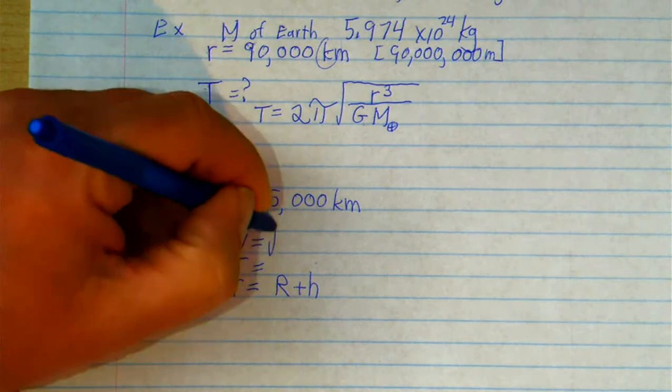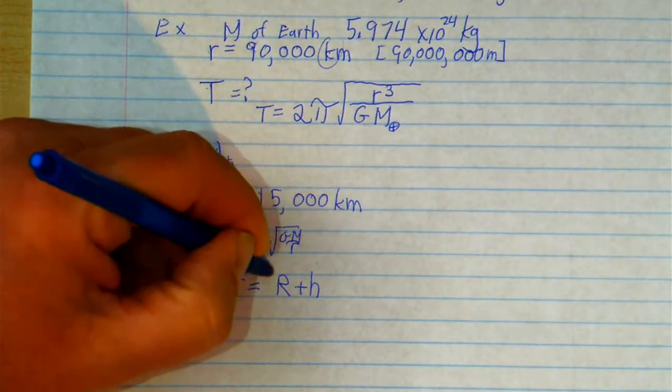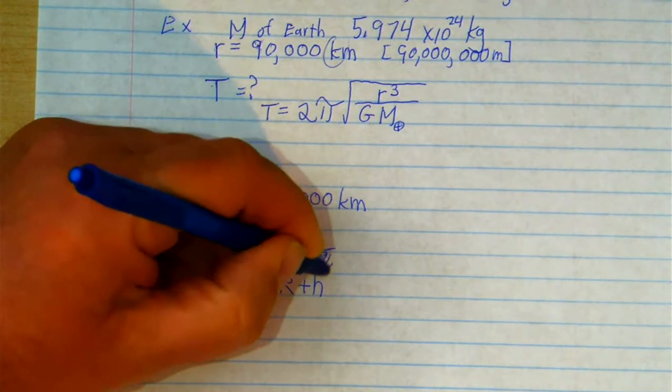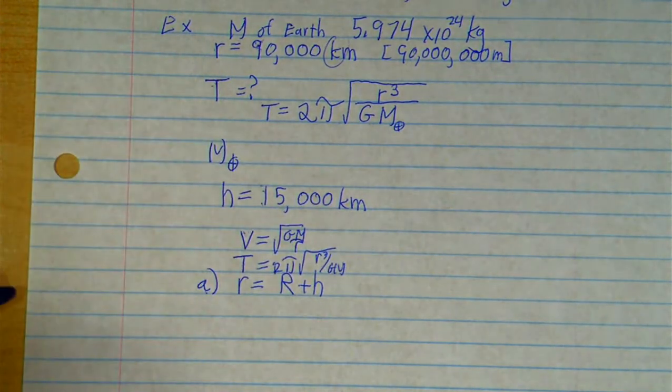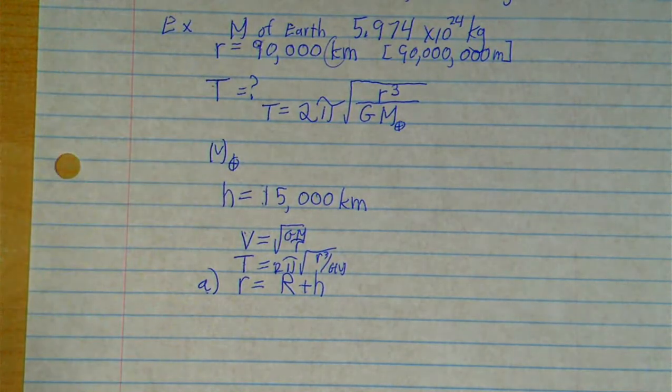Velocity is the square root of GM over r, and the period is 2 pi times the square root of r cubed over GM. Now you can start to see why I would write a program to do this for me. All right, calculate please everything for a satellite at an altitude of 15,000 kilometers above the surface of the Earth.